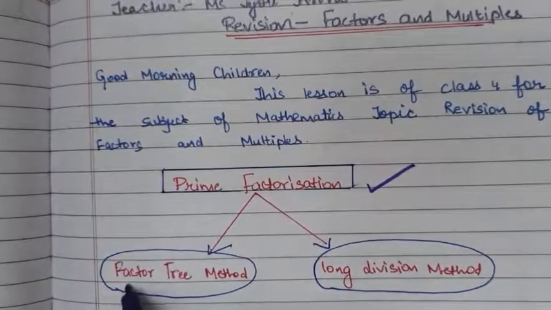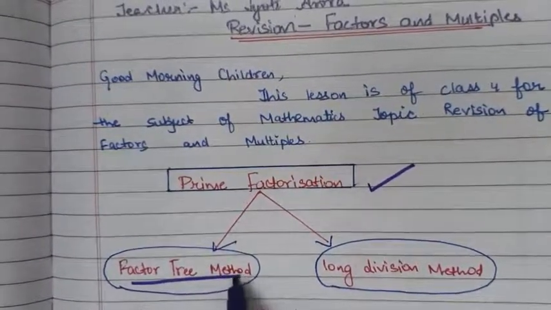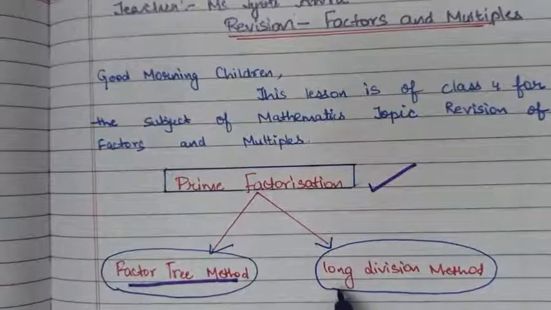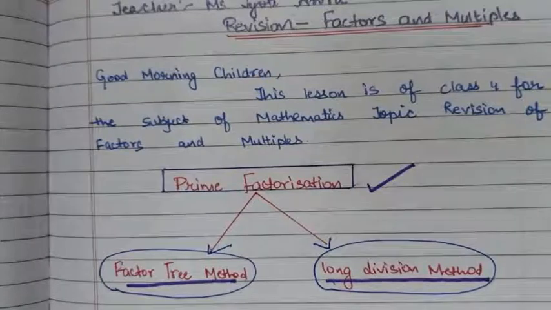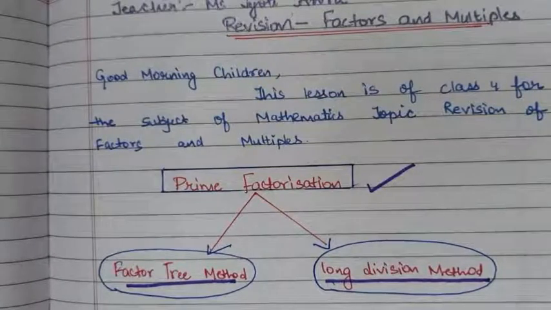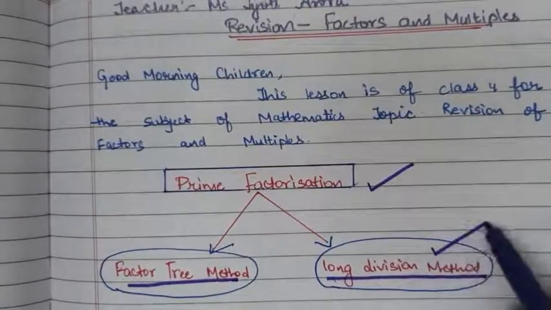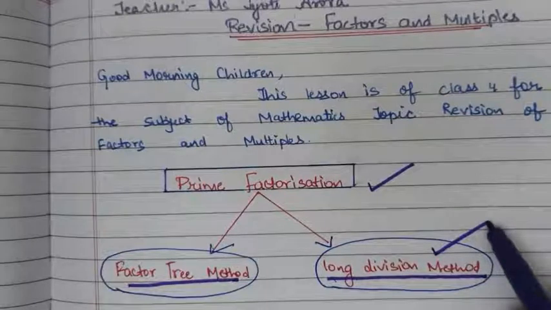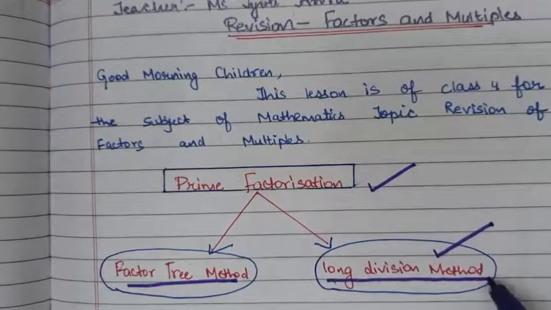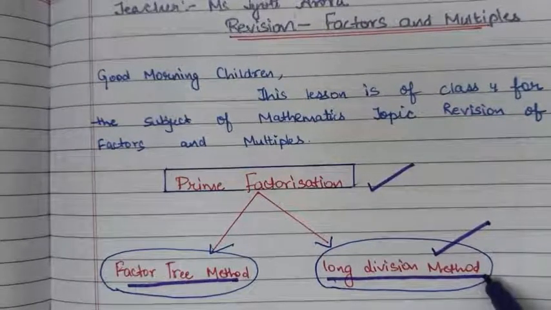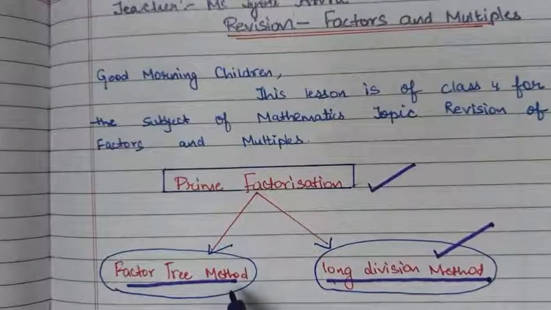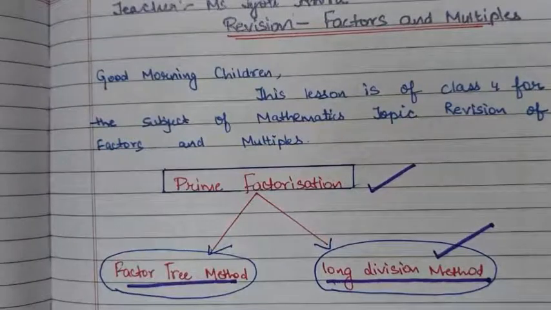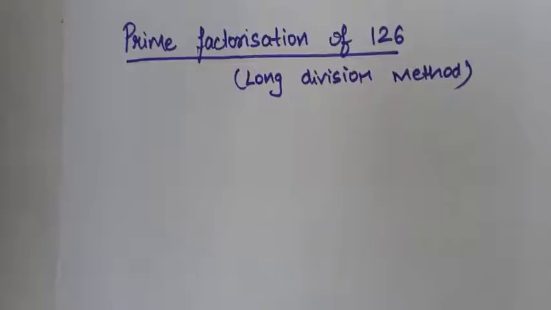First is the factor tree method and the second one is the long division method. So first of all, students, we will discuss the long division method, because once this method is clear to you, you can very easily draw the factor tree of any given number.